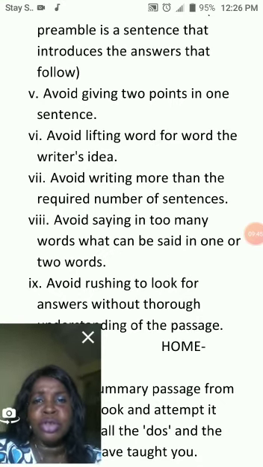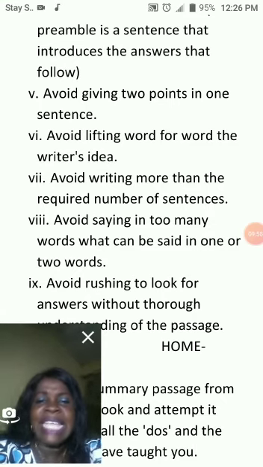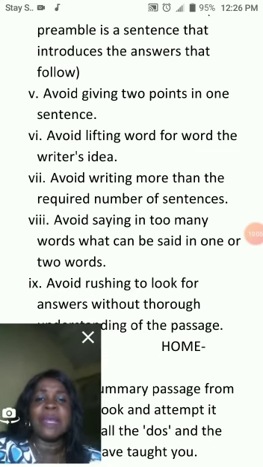You tell the person the most interesting part, the major things that happened. You don't begin to repeat what somebody said: this person said this, and he ran, and he started crying. All these ones are unnecessary. So it's just like you copying word for word. They gave you a passage, and you saw the answer in the passage. You went down there and copied everything that was in the passage.